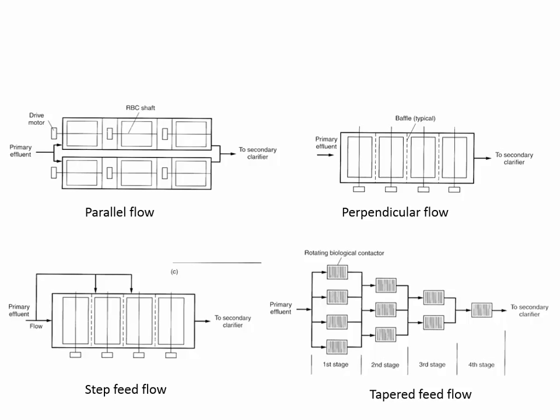By not having mixing, a plug flow reactor is far more efficient than a completely mixed flow reactor, where it's a tank and you've got it stirred continuously, so that as soon as the water comes in, it's spread out and it's all the same low concentration. The kinetics of a completely mixed flow reactor aren't as efficient as a plug flow reactor.